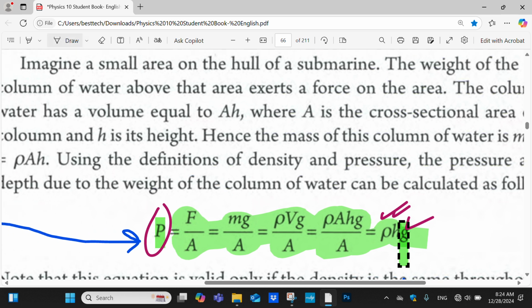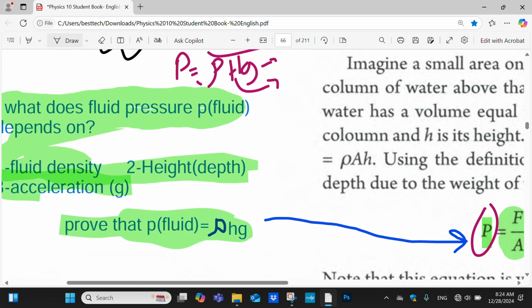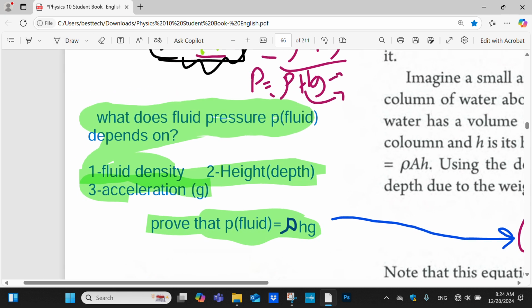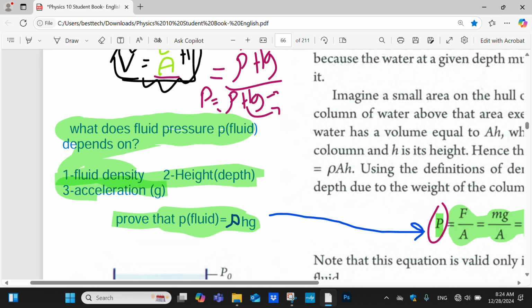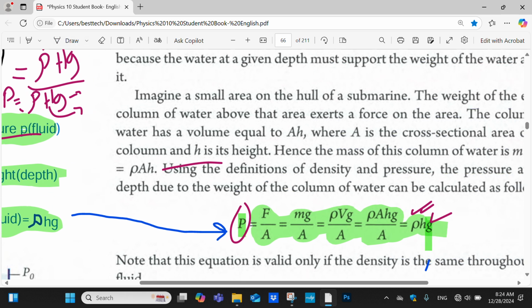We have another example. We have another question. It's written: what does fluid's pressure depend on? In physics, as we studied in the previous chapter, the rule tells us which parameters a quantity depends on. So what was the rule of fluid's pressure?